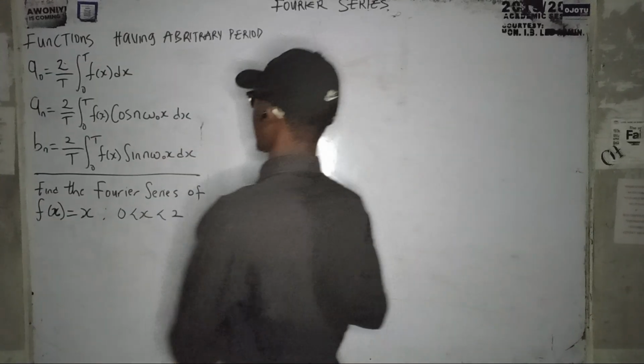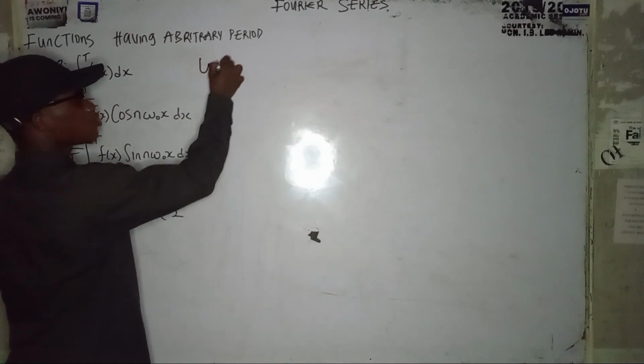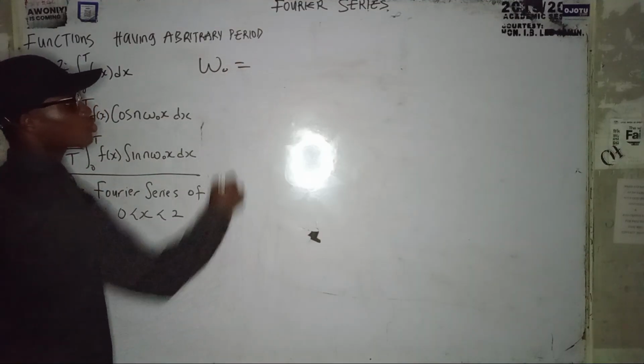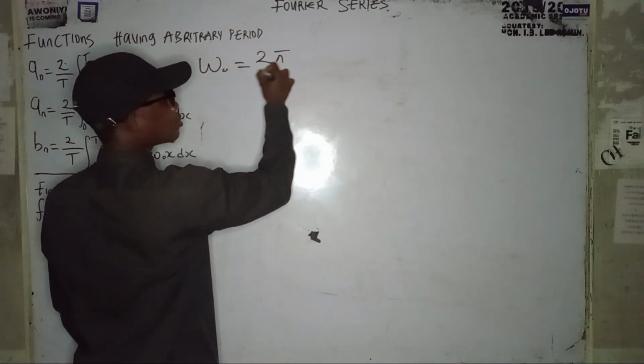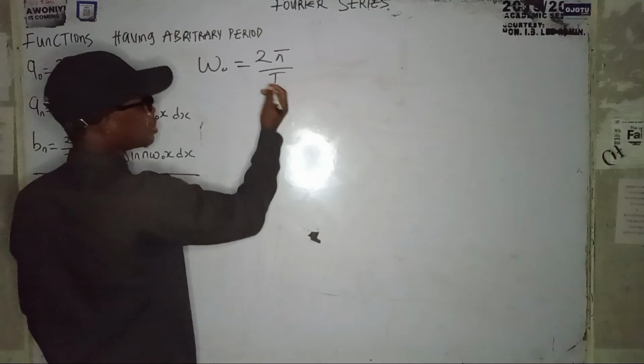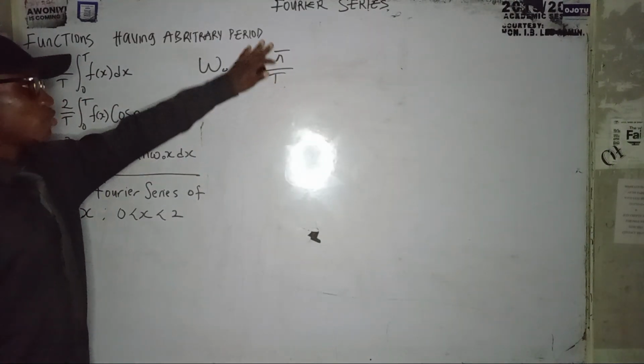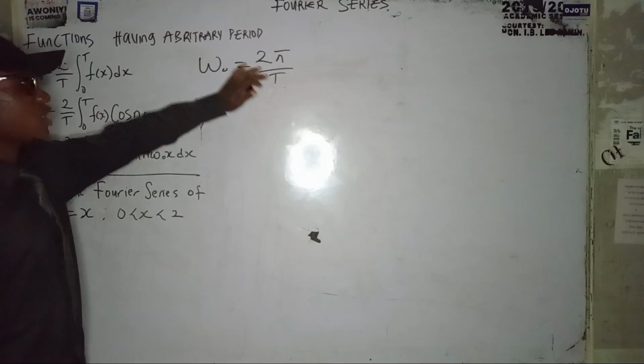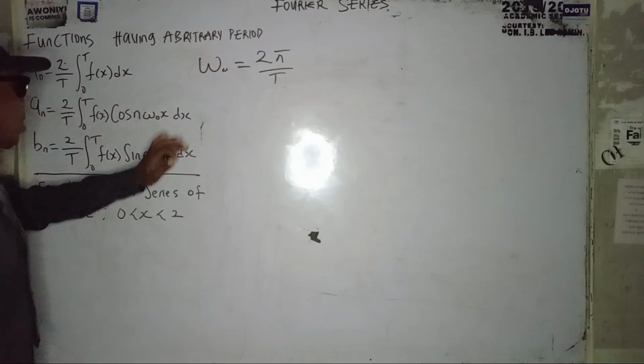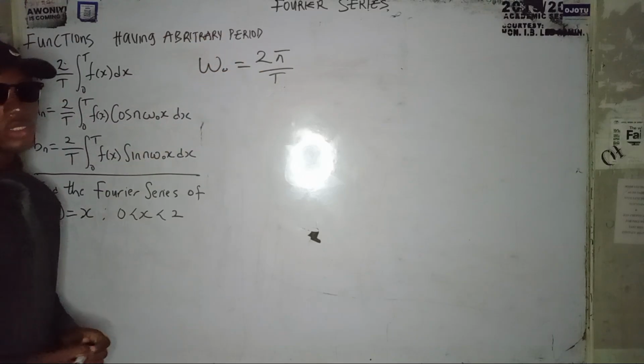Now this omega here is equal to 2 pi over T. So whatever period you are given, you use this to get your value for omega, then you input it into the formula.